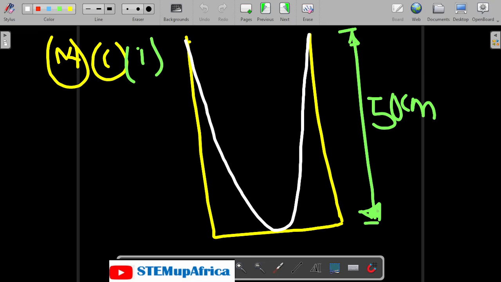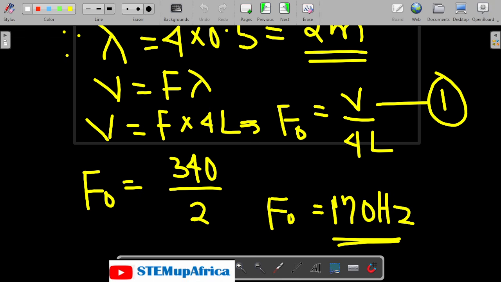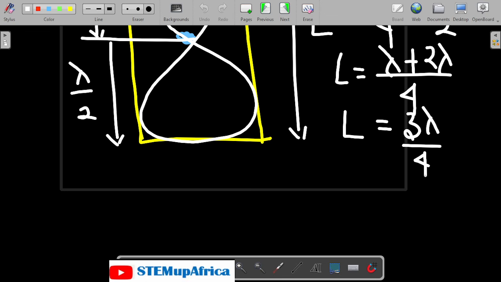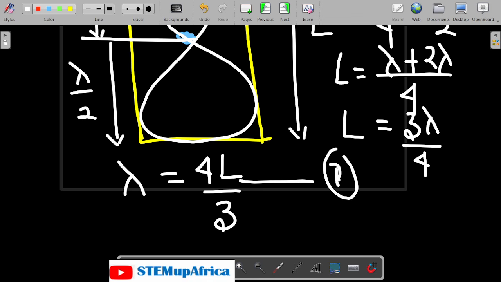But don't forget what we stated earlier about equation 1. Let's draw the relationship. Where is my lambda now? My lambda will give me 4L divided by 3. So from here, our lambda gives us 4L over 3. Let's take this one as equation 2.